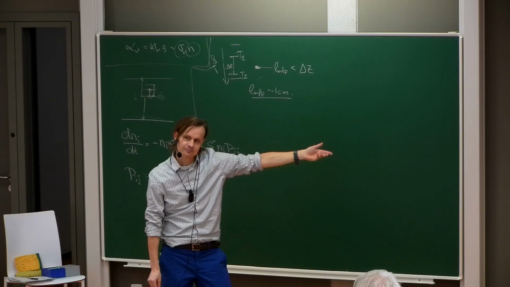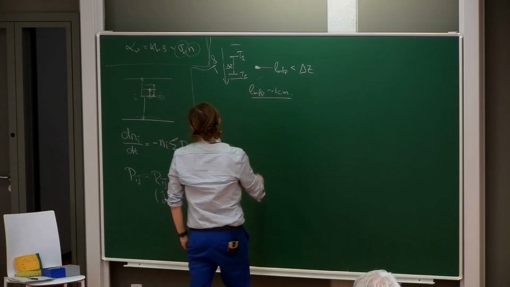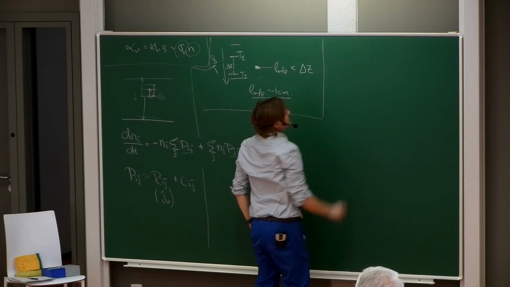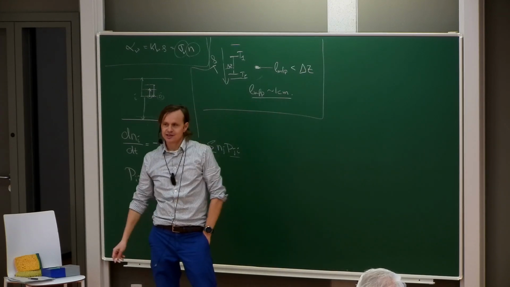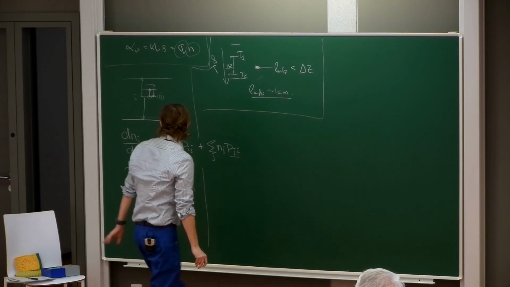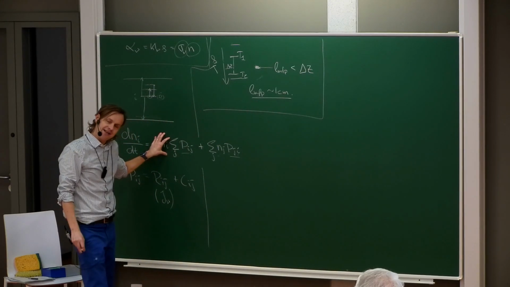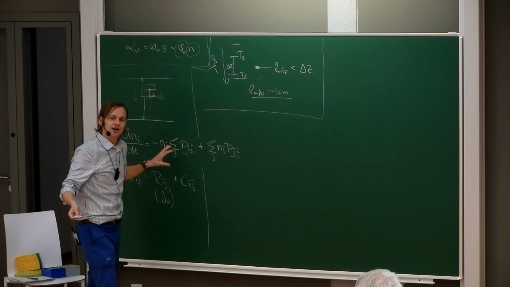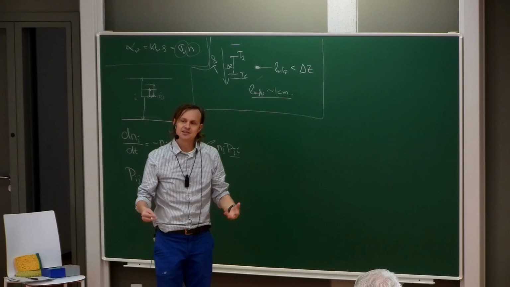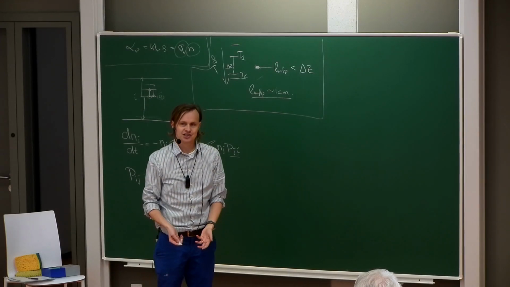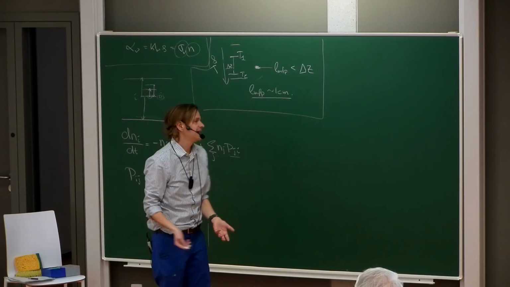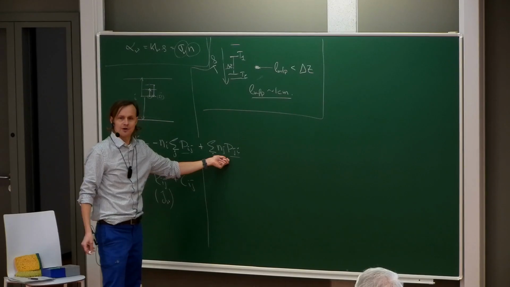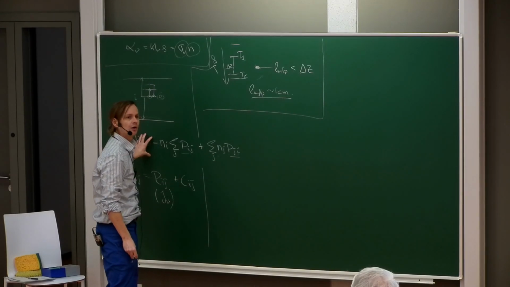Now, the nice thing with this approximation is that the occupation numbers then take their equilibrium values. You can use the Boltzmann distributions, and you can use the Saha-Boltzmann relations to calculate the occupation numbers instead of this much more complicated situation, which is the general case of, say, NLTE.